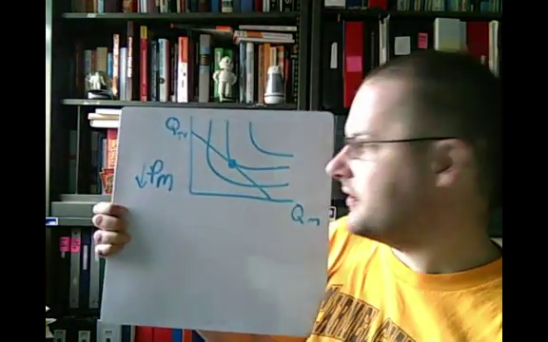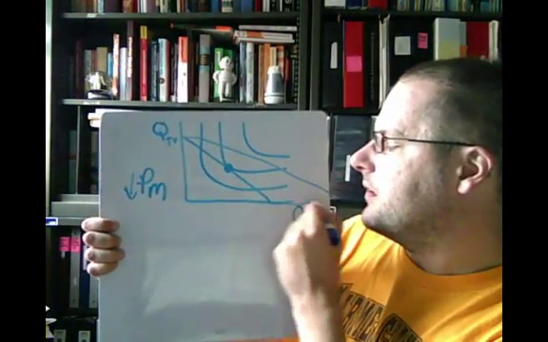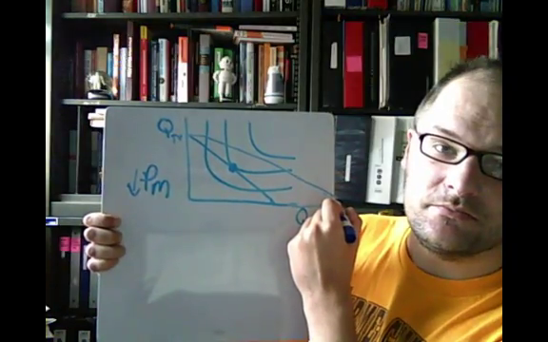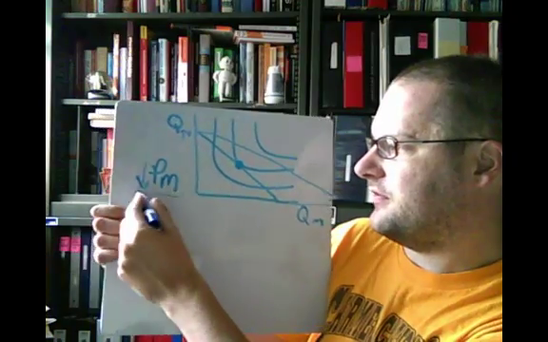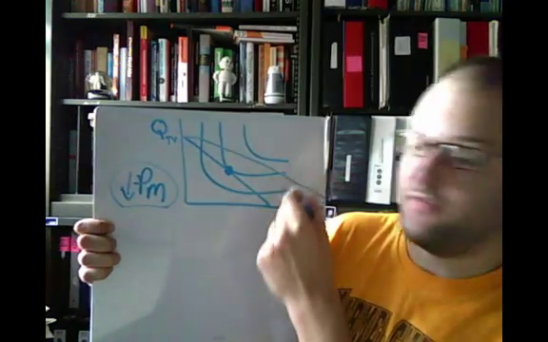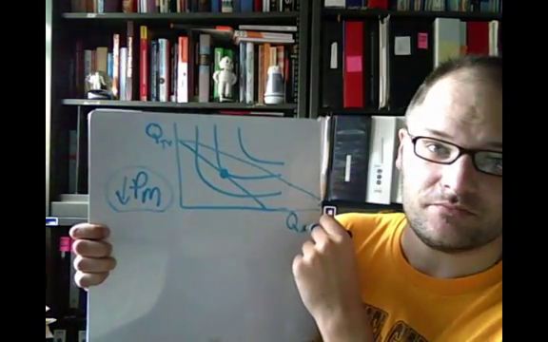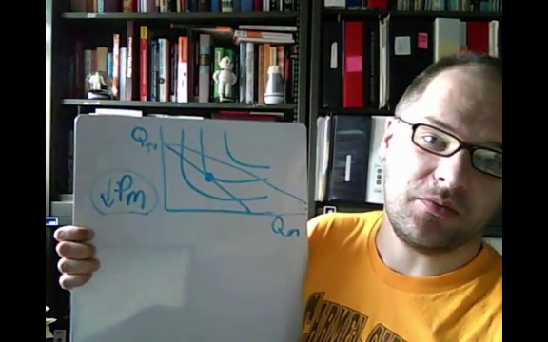If I decrease my price of markers, let me get my eraser here, what it's going to do is pivot outward my budget constraint. It pivots outward because in this case the price of markers is falling. That would mean that this would get flatter because this is the price of the good on the x-axis. The numerator would be getting smaller and the denominator would be staying the same.